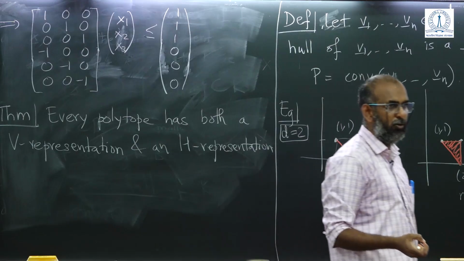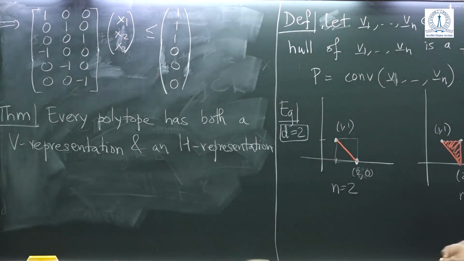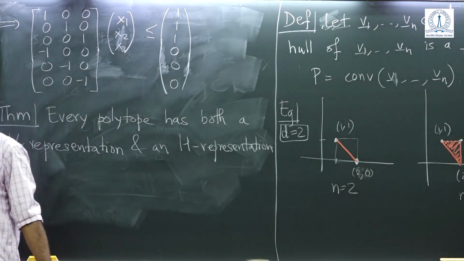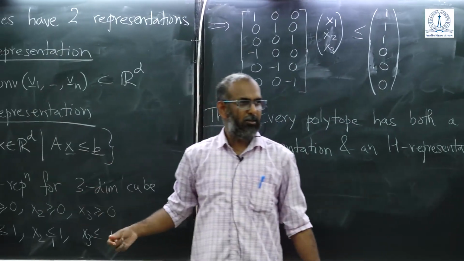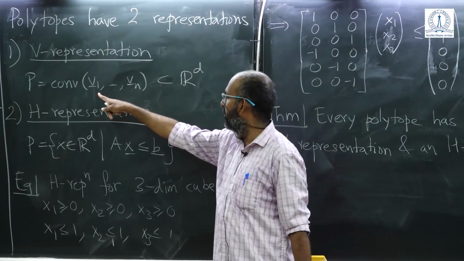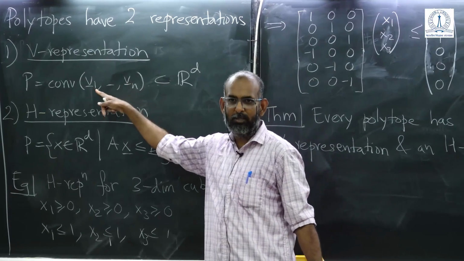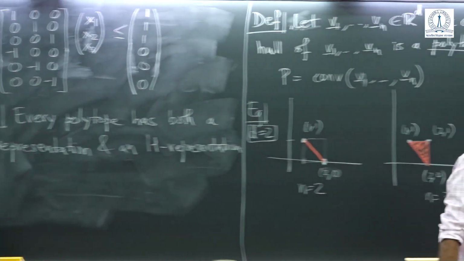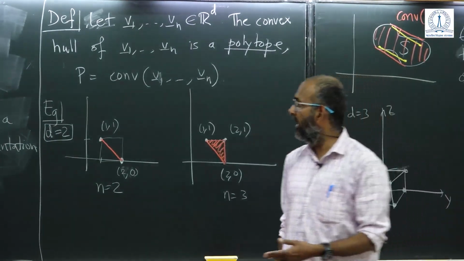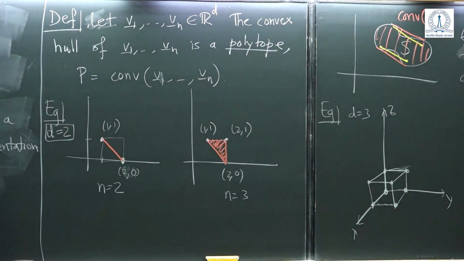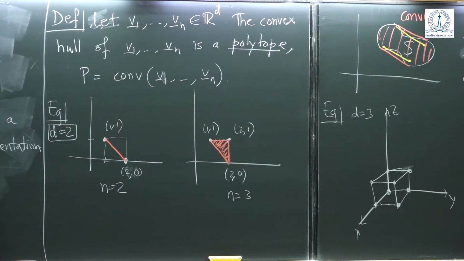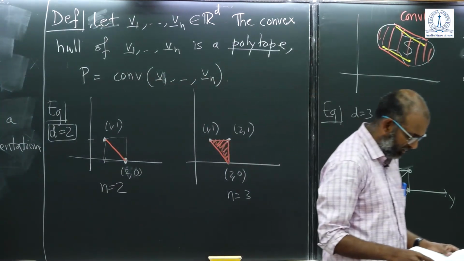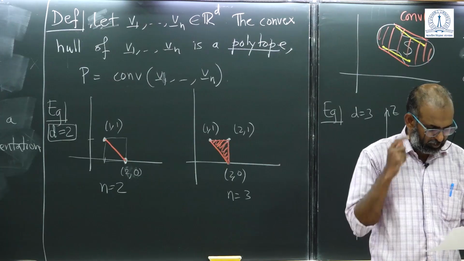And if you want to generate random points, you have the V representation: you take n numbers randomly which sum to 1, and take the appropriate linear combination, and you get a point. So you can generate that very fast. That's why these things are important.